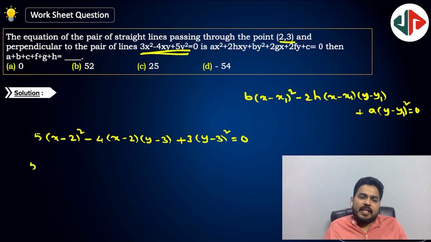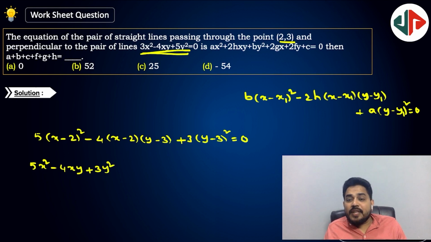First part is 5x square, and xy terms come from here only: minus 4xy, okay, and plus 3y square. So here minus, here minus is there, so you are going to get plus sign, plus 3y square. Now here minus 20x, here minus 12x, okay, so minus 32x.